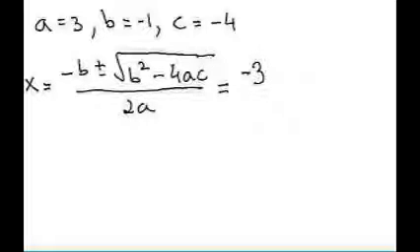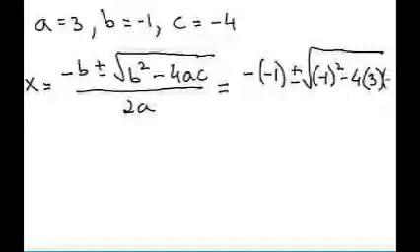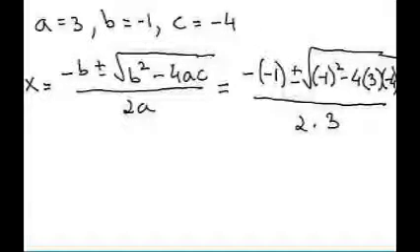Okay, so minus b, and b is going to be minus negative 1 plus or minus the square root of minus 1 squared minus 4 times a is 3 times negative 4, and we divide this by 2 times 3.